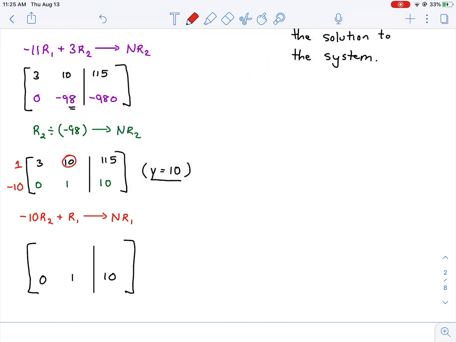Okay, so 1 times 3, plus a negative 10 times 0 is going to be 3. 1 times 10 plus negative 10 times 1, that is 0. 1 times 115 plus a negative 10 times 10 is 15.